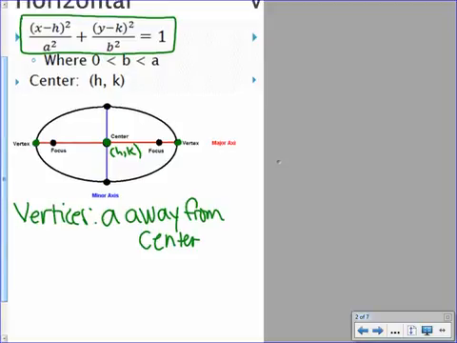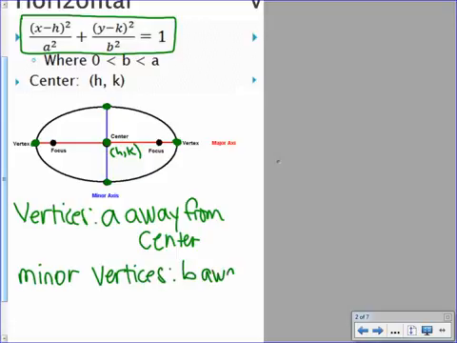I want you to know that your vertices, sometimes I'll call those your major vertices, they're going to be A away from the center. Okay? And then these points right here, your book's not going to ask you to label them, but I will. I'm going to call these our minor vertices. They are going to be B away from the center.